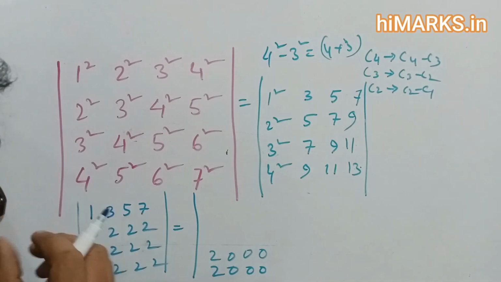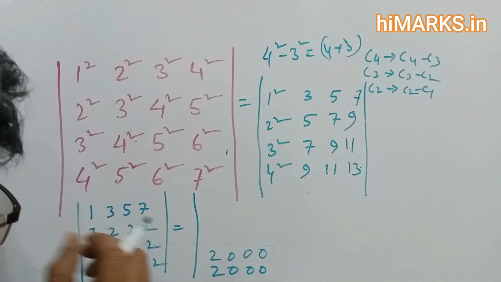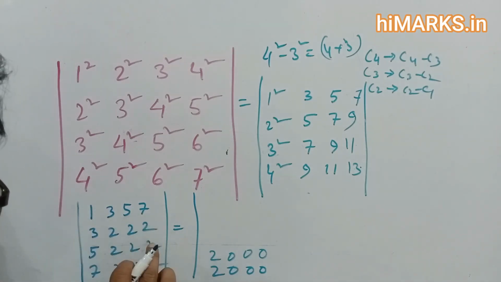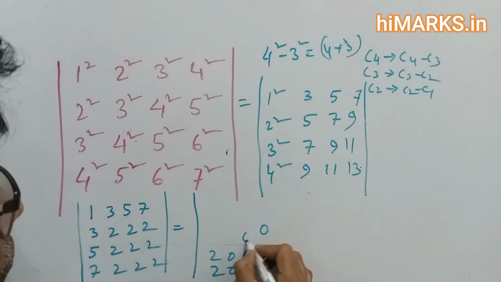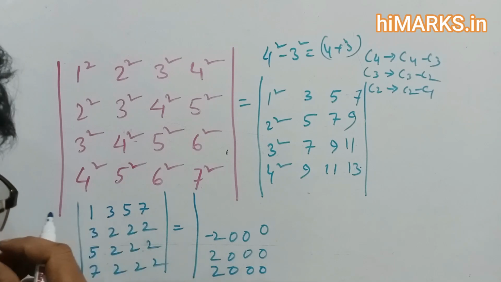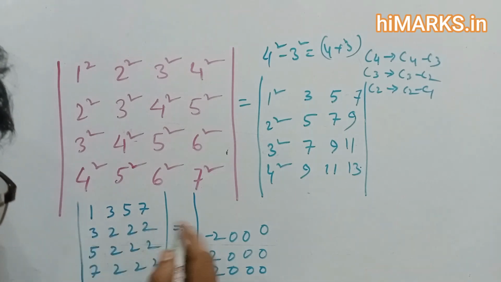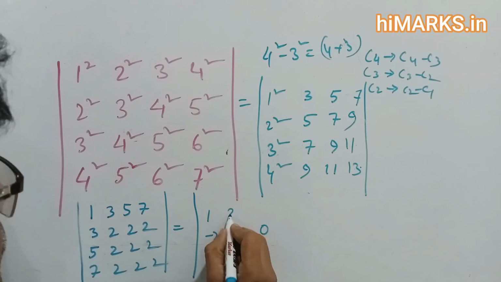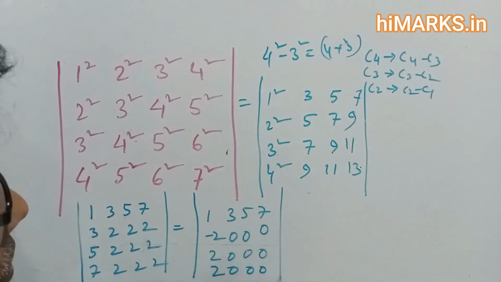Okay, and then if this minus this, we get 0, 0, 0, minus 2, and 1, 3, 5, 7.